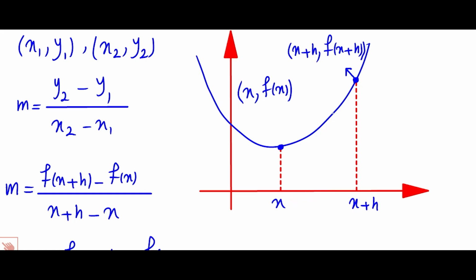For example, if the second point is here, the distance h now is here, and if the second point is here, h is smaller than the previous value. Okay, so if h approaches 0, the 2 points are so close they basically become 1.